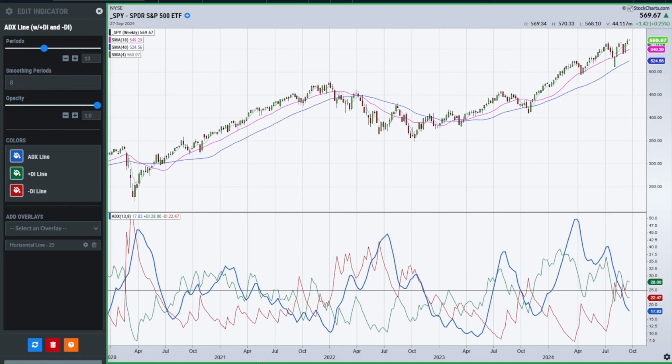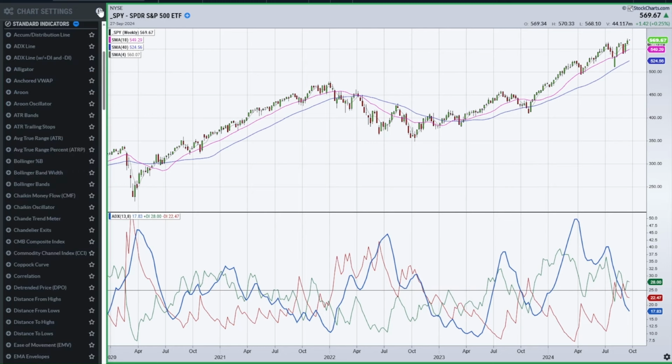That can be really helpful when you're trying to identify peaks and valleys. So I like to use a shorter term ADX because I want to compare prior peaks. Each time the market pulls back and makes a new high, I want to be able to compare that. I did want to point this out and how easy it is to use in the StockCharts ACP.